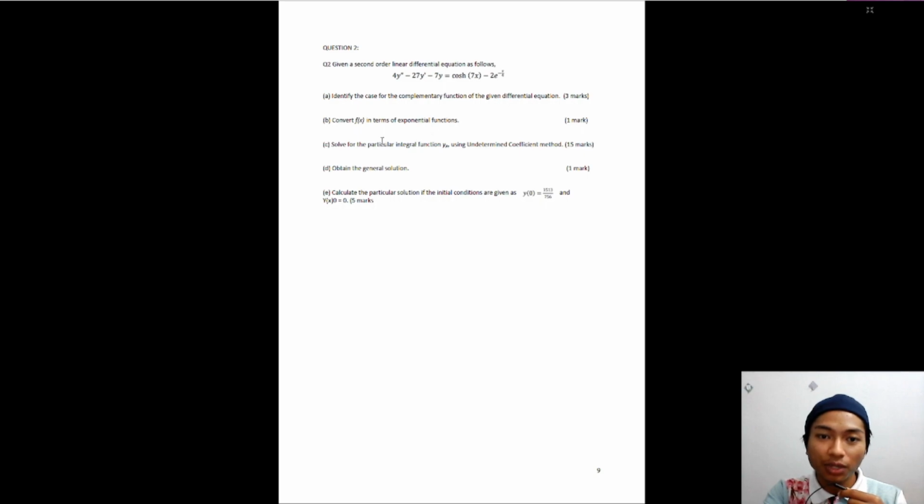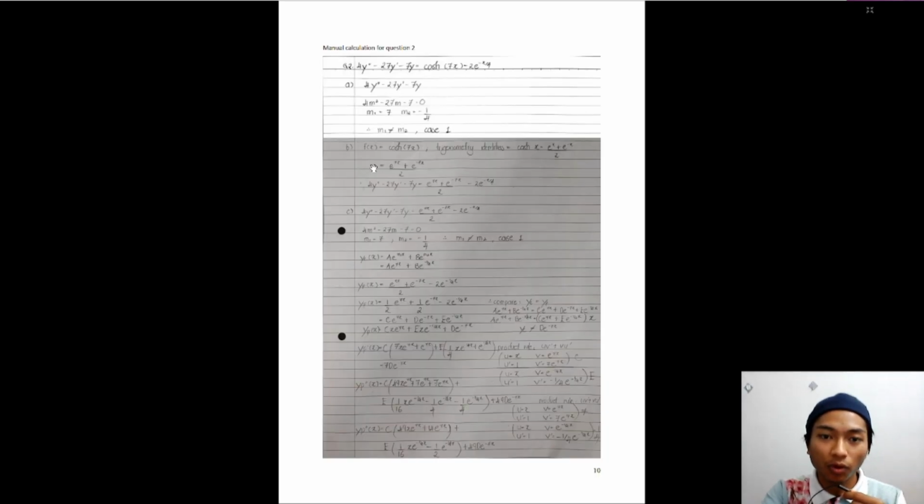Next is question B. Convert the function of x in terms of exponential functions. For question B, the only function of x in this equation is cosh 7x.